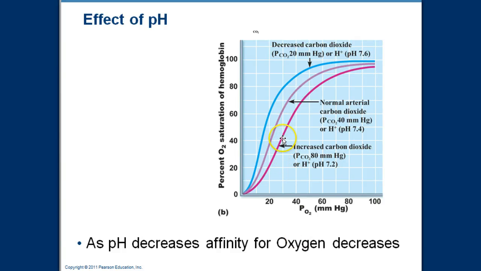So again, if you just pick one point on the x-axis, or one partial pressure reading for oxygen, and then compare the three graphs here. On this top one, you've got a relatively high pH of 7.6.